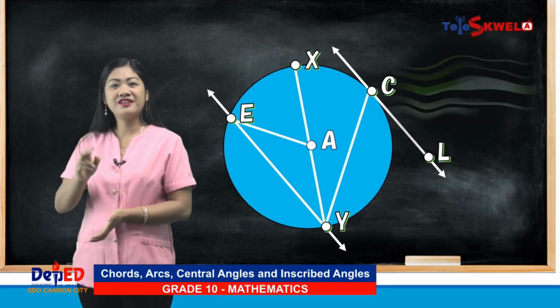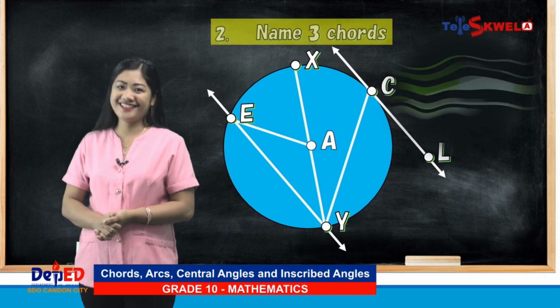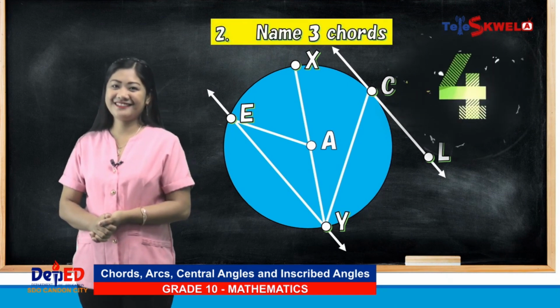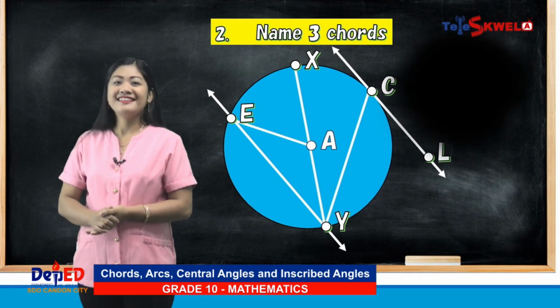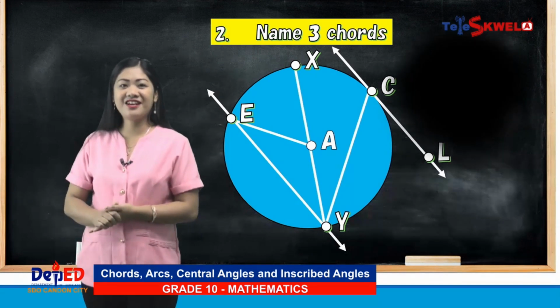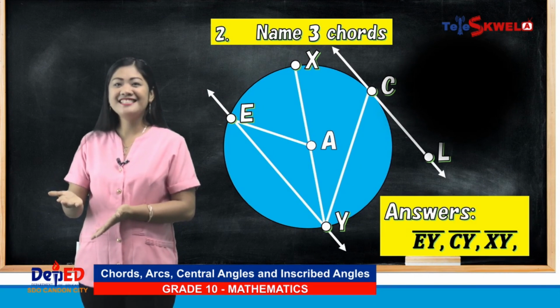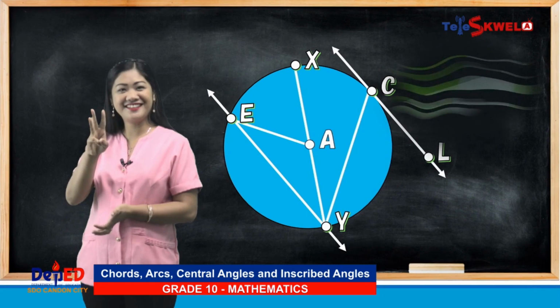Number 2. Name 3 chords of circle A. Time is up. The answers are segments EY, CY, and XY. Number 3.